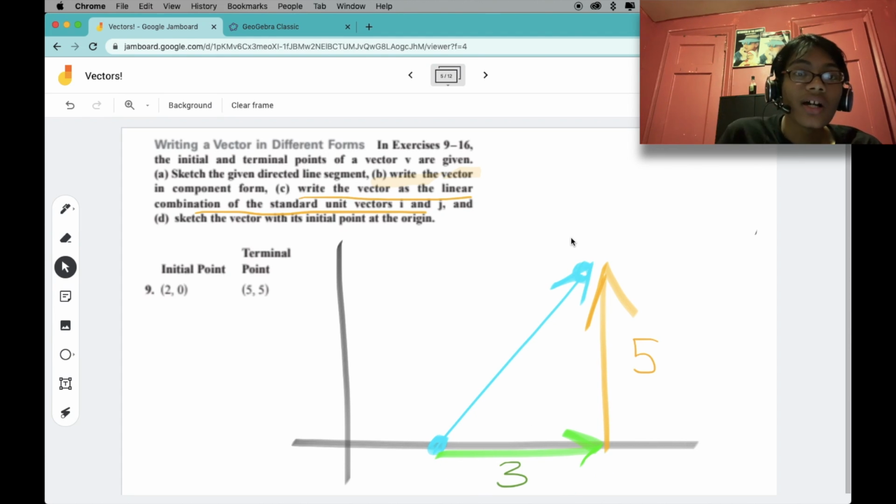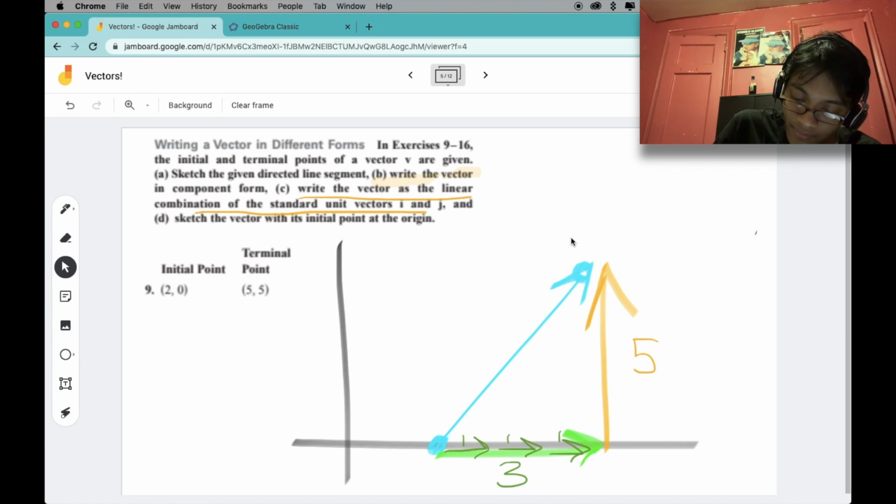This component vector in the x direction that has a length of 3 is going to be made of 3 tiny vectors, 3 building blocks, 3 component vectors. So here's 1, here's 2, here's 3. Each of them has a length of 1, and they add up to 3. That's not too bad, ladies and gentlemen.